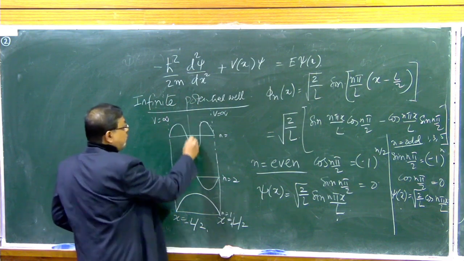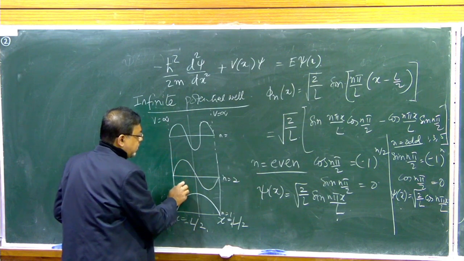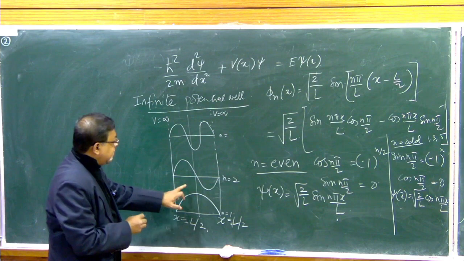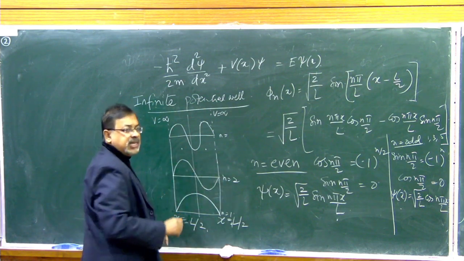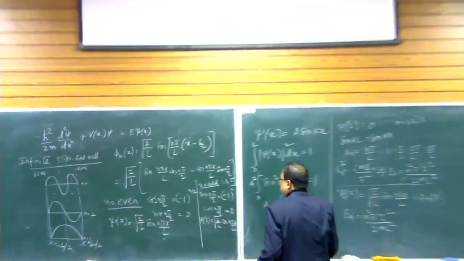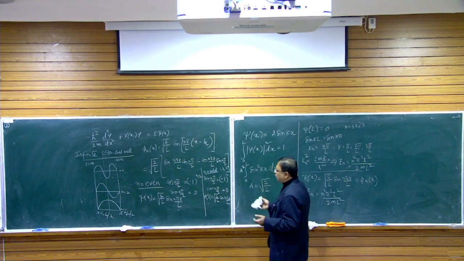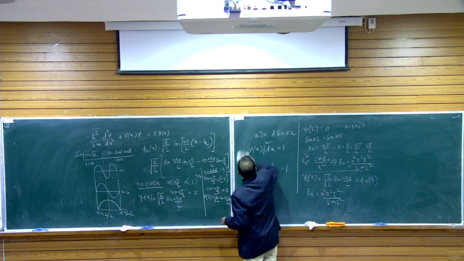There is a right-left symmetry, so corresponding to a point here, there is another point here, and so on. Importantly, we have been able to solve it for the normal problem from 0 to L and also from minus L by 2 to plus L by 2.